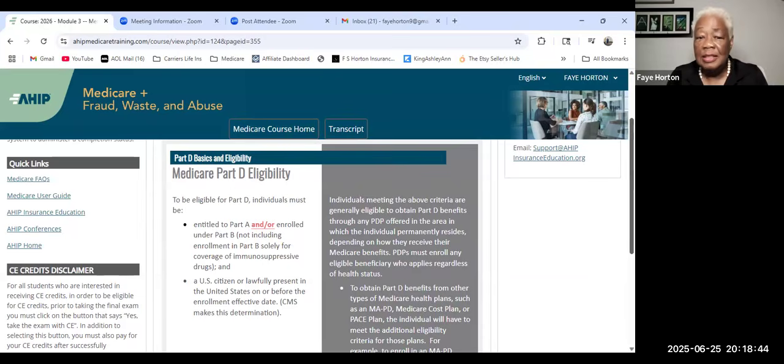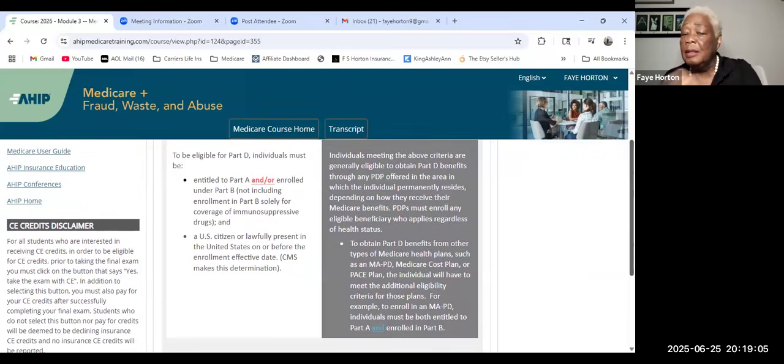Individuals meeting these criteria are generally eligible to obtain Part D benefits through any prescription drug plan offered in the area in which the individual permanently lives, depending on how they receive Medicare benefits. The prescription drug plan must enroll any eligible beneficiary who applies regardless of their health status.